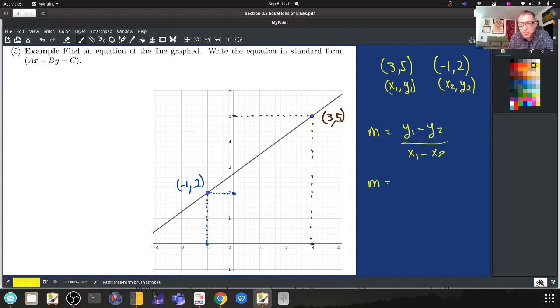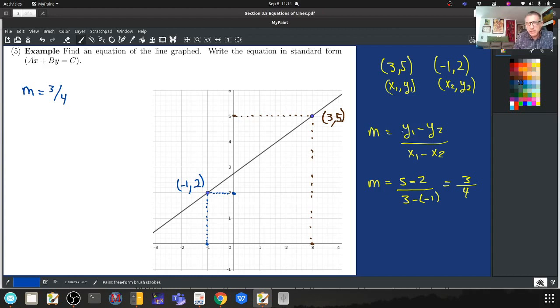So that's equal to 5 minus 2 over 3 minus a minus 1. So 5 minus 2 is 3. 3 minus a minus 1 is 3 plus 1. So that's 3/4. So that's my value of m. So m is equal to 3/4.